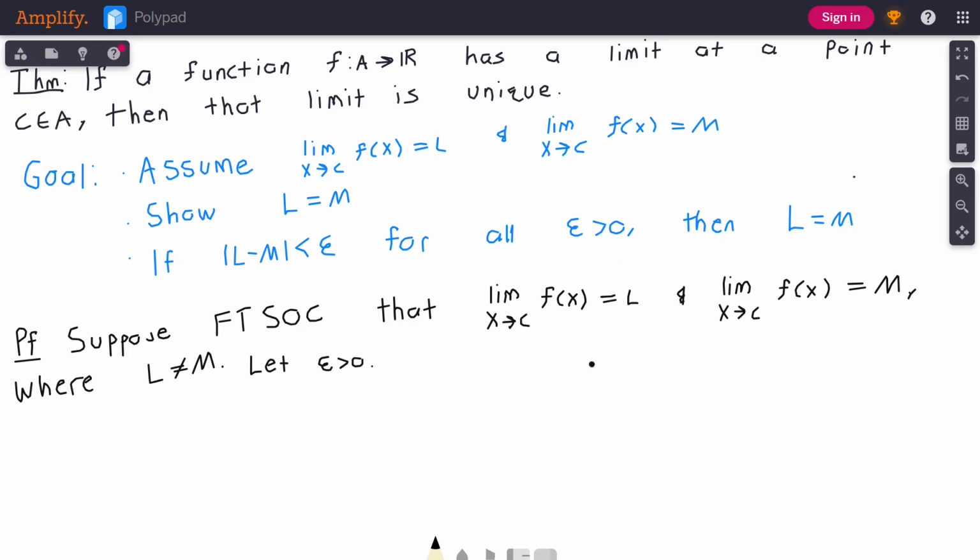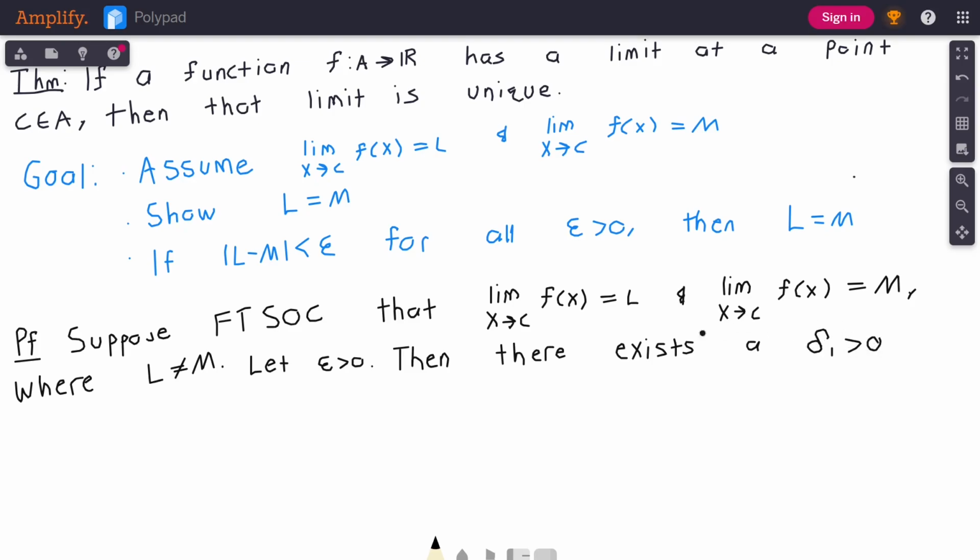So we know that if the limit as x approaches C of f of x equals L, then there exists a delta, but here we're going to call it delta 1 because we're also going to have a delta when we follow the definition of this limit.